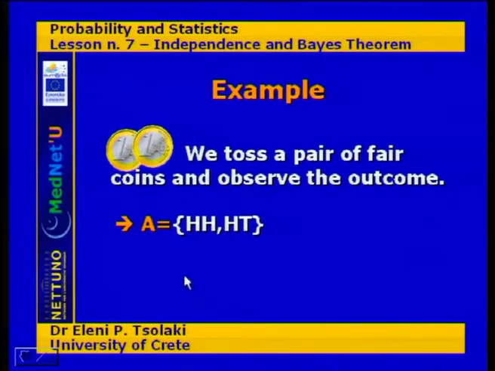We are going to see if events A and B are independent, and we have that for this experiment, A will consist of outcomes head-head and head-tail. We are going to write the sample space for this experiment, so we have it in mind.